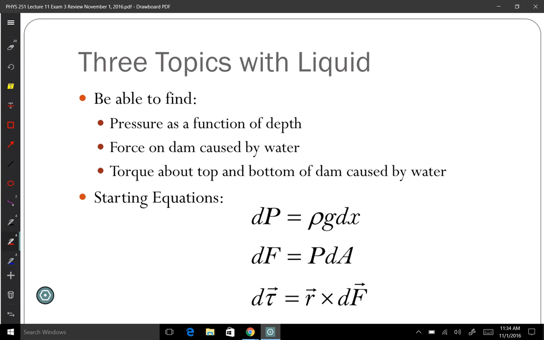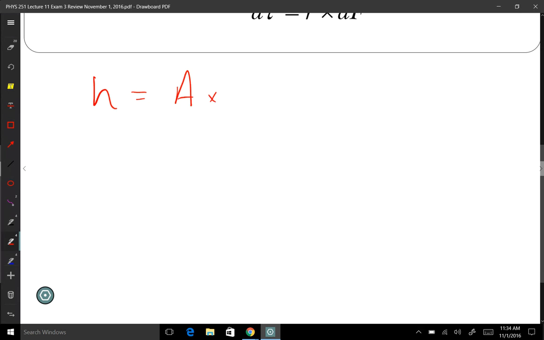I actually had to toss out what would have been a good question because I hadn't talked about it previously. I didn't want to talk about it in class today and say, so be ready, because that could be it. But it was a question that said, given height is equal to, it had numbers, but I'm just putting ax cubed plus bx squared minus cx plus d, something like that.